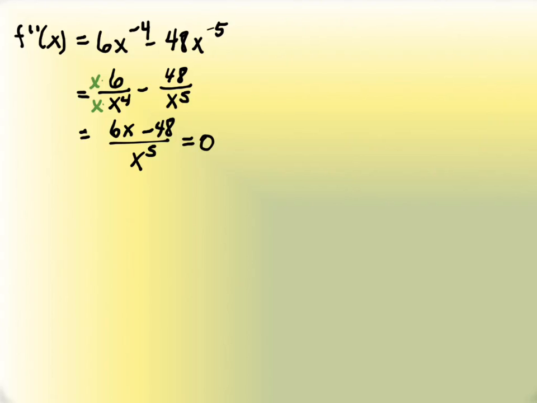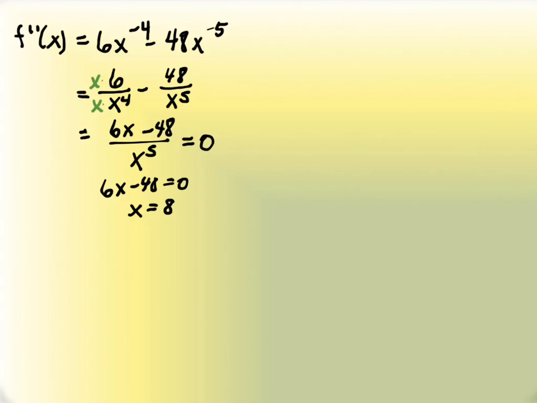What do second derivatives find us? Concavity. Concavity and inflection points. So if I set this equal to 0, I'm actually finding an inflection point, right? Okay. So that would actually mean that the numerator is equal to 0, which happens at what value? 8.